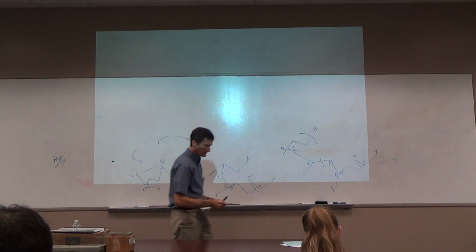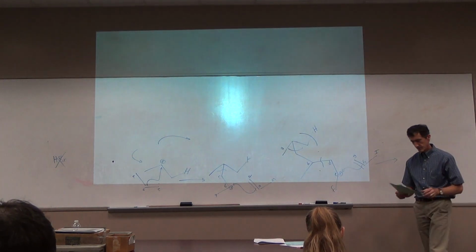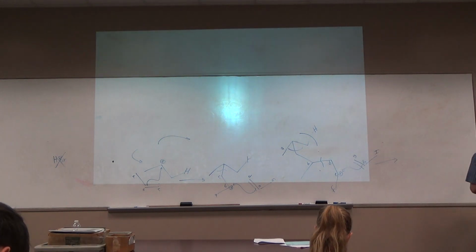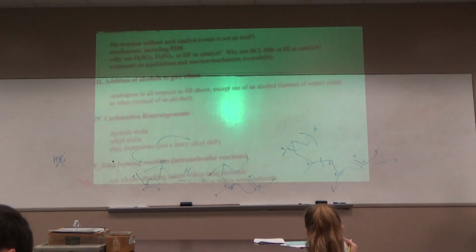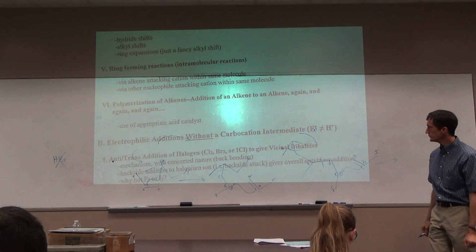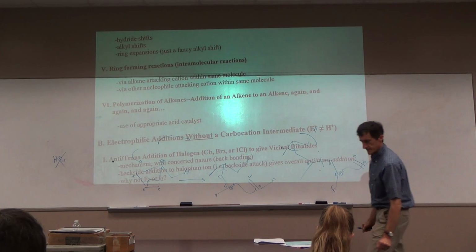Okay, next on the outline, where are we at? I think we kind of ended Roman numeral something up there. We're under A? We finished up A? Ready for B. These are going to be additional reactions without a carbocation intermediate. Okay?